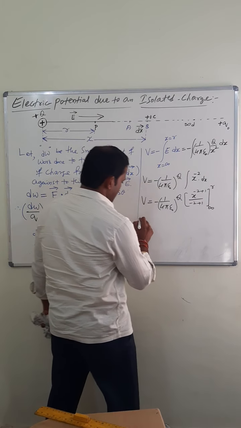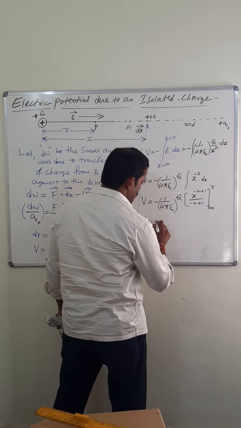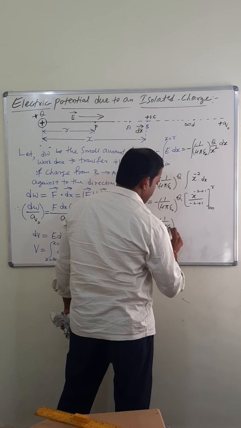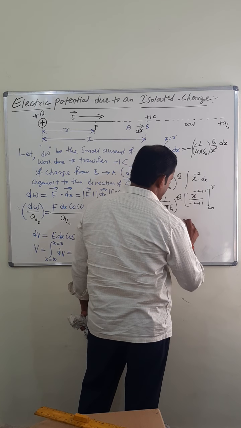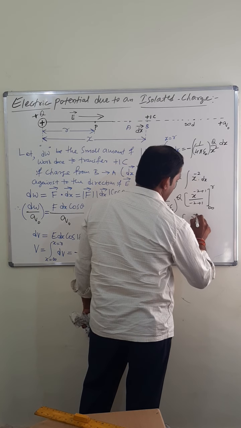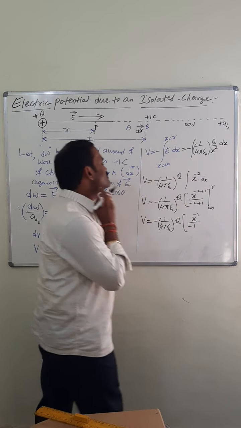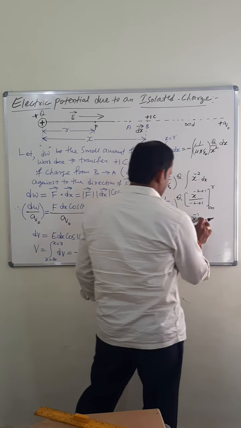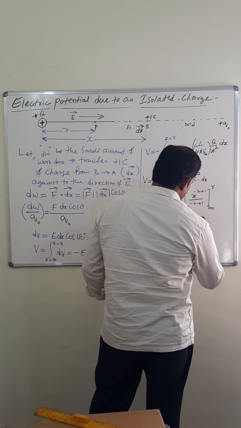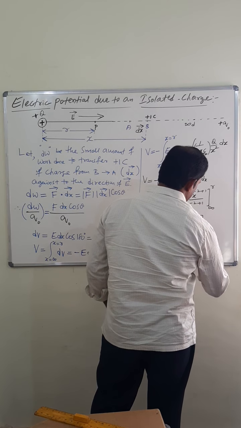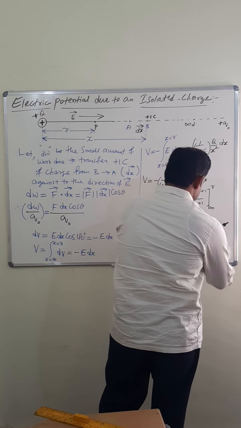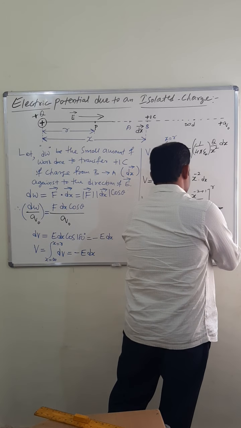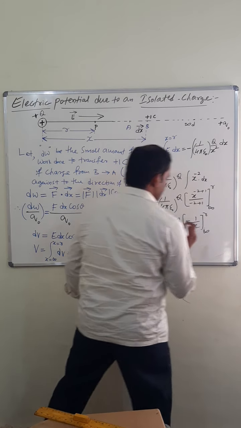If you simplify, V is equal to minus 1 by 4 pi epsilon naught into q, x to the power of minus 1 divided by minus 1, which can be written as minus 1 by x, with limits ranging from infinity to r.